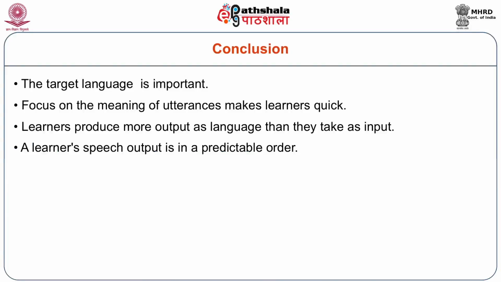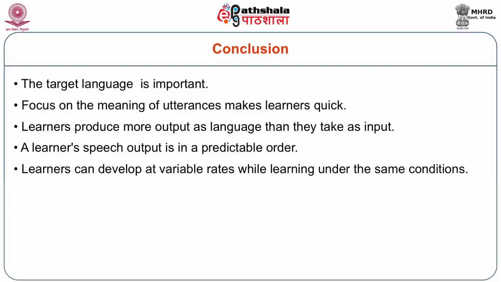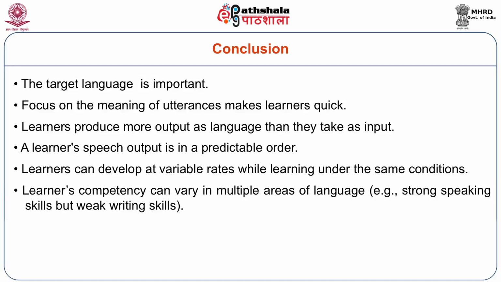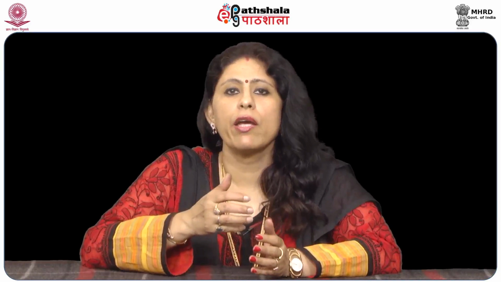A learner's speech output is in a predictable order. Learners can develop at variable rates while learning under the same conditions. Learners' competency can vary in multiple areas of language, like strong speaking skills but weak writing skills. We say communication is a process where both speaking and writing skills should be there.